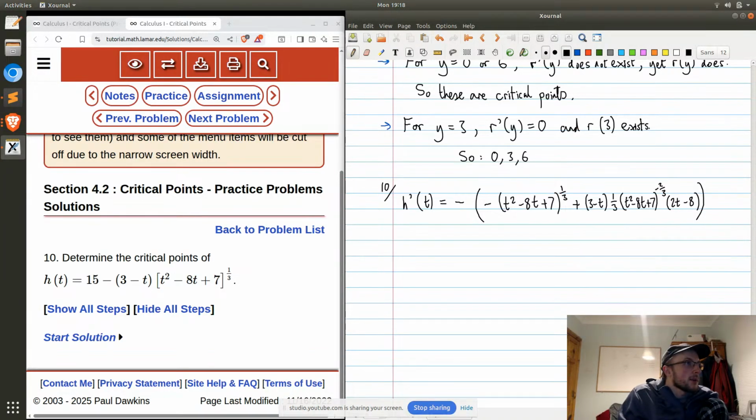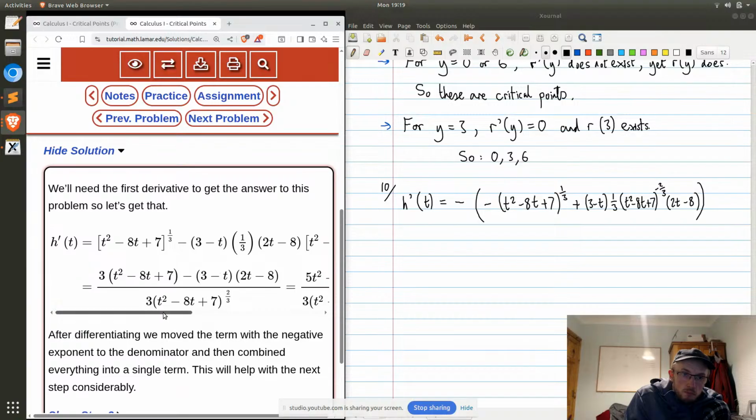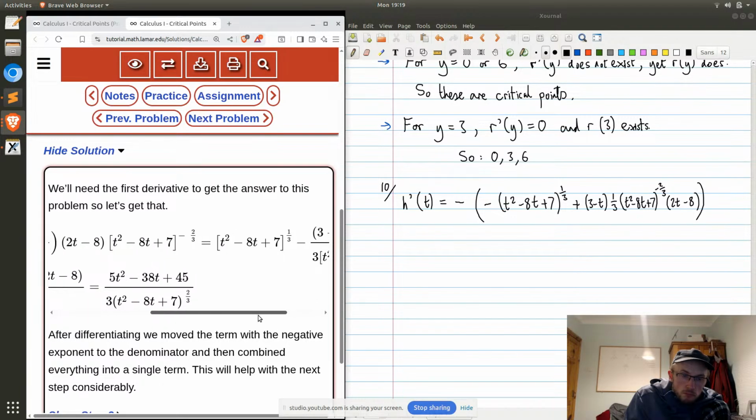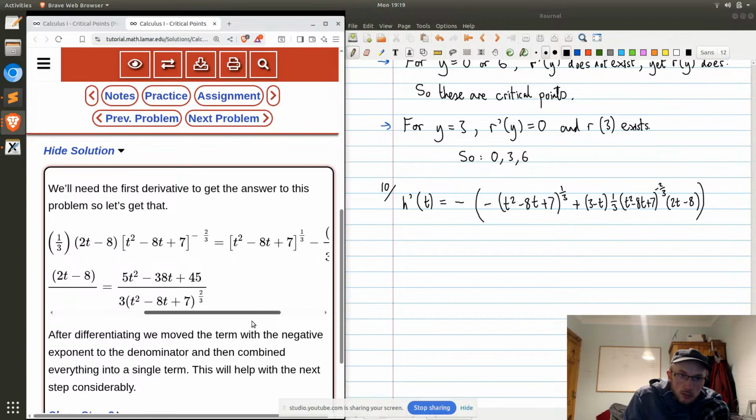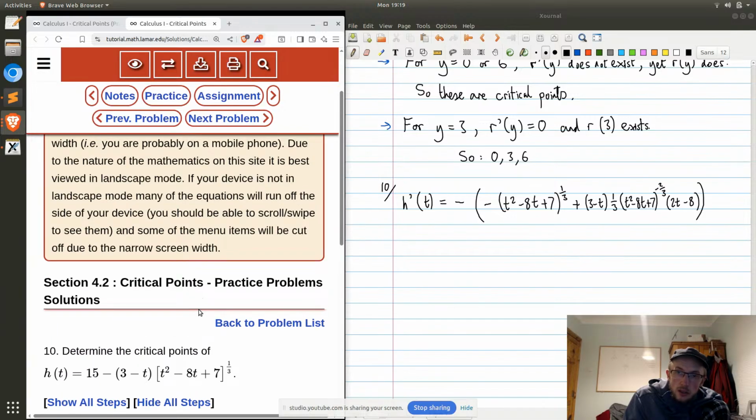And I'm supposed to what? Either find out where that doesn't exist, or find out where that is equal to 0. And I am out of my depth if that's what they're asking for. Okay, so all right.